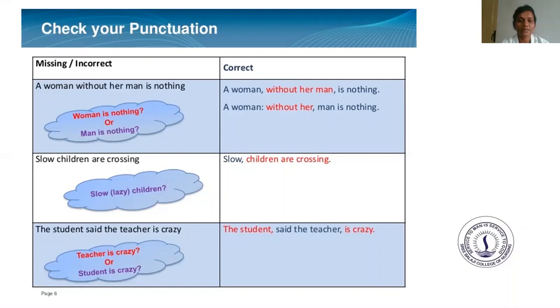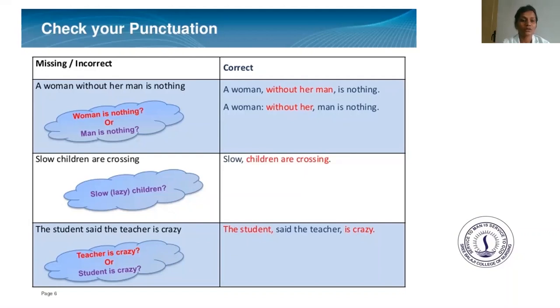The correct punctuation is: a woman, without her man, is nothing. And a woman: without her, man is nothing. Without her man, a woman is nothing. And without a woman, man is nothing.